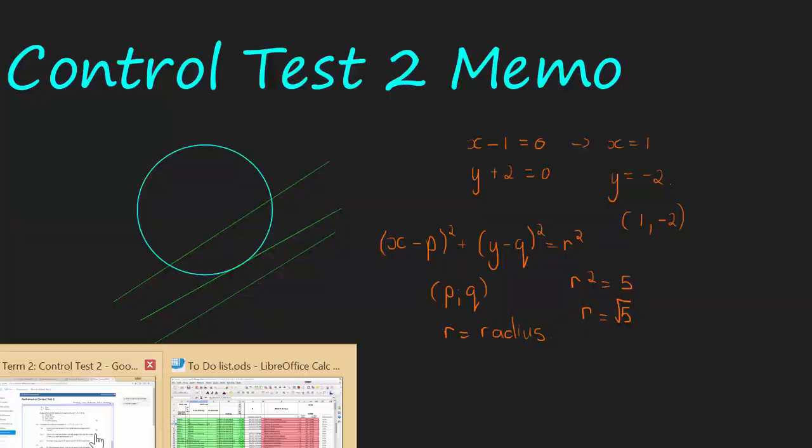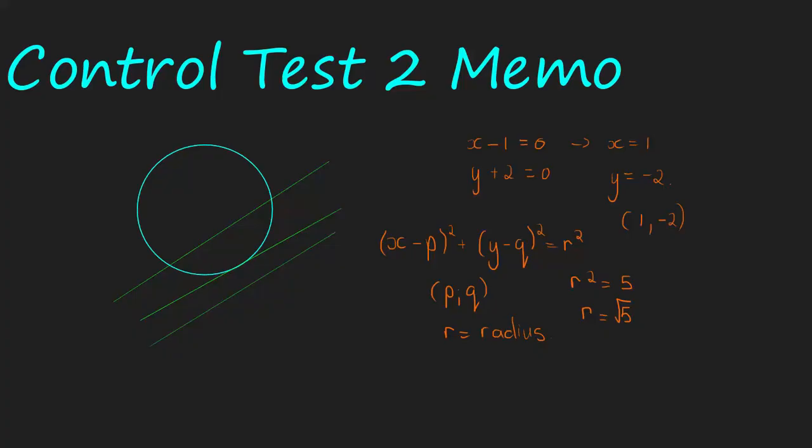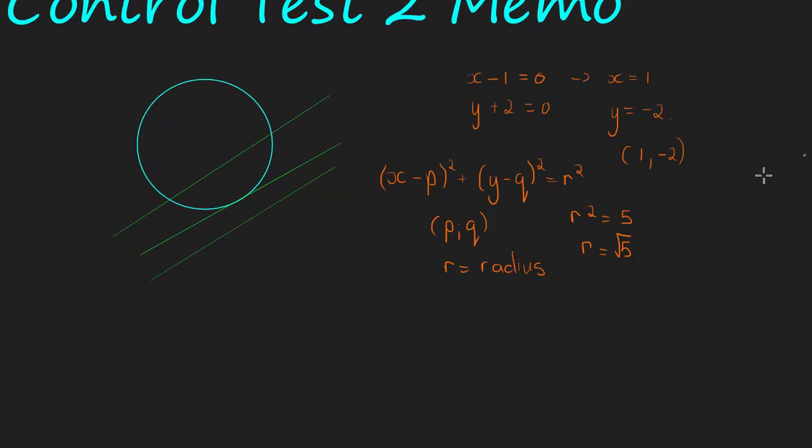Let's move on. Next we have, what is the equation of the line that passes through the center of the circle that has a gradient of 2? So we start with y is equal to mx plus c. But now we say, well, it has a gradient of 2, and now it passes through the center of the circle.